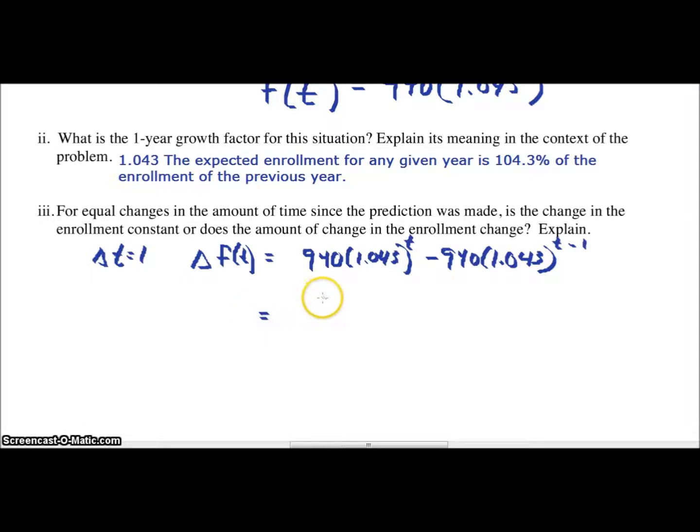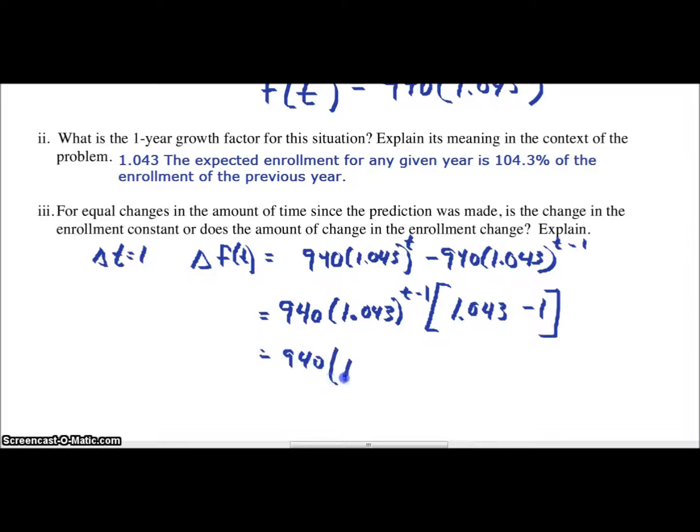What do we notice? Well, because I do lots of math all day, I notice that I can factor a 940 times 1.043 to the t minus 1, and that gives me 1.043 minus 1, which is just 0.043.